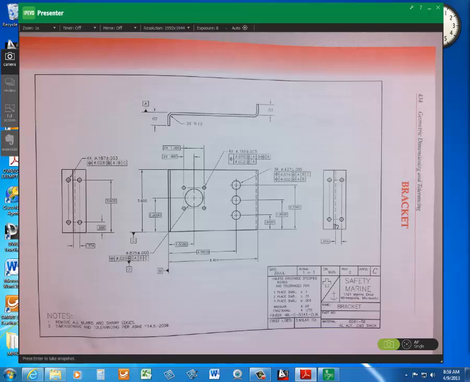Okay, how many hairs would that be? What did we say a hair was, roughly? Hair on your head. If you got curly hair, it's flat, but if you got straight hair, it's round. You remember how many thousandths of an inch a hair is? 3.